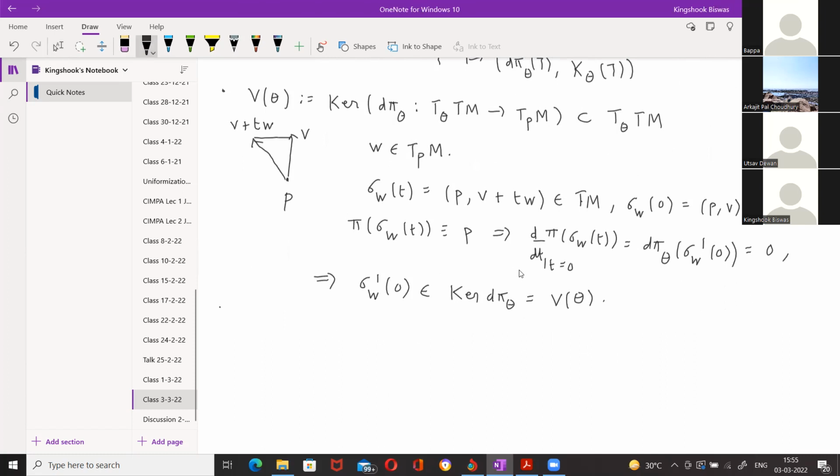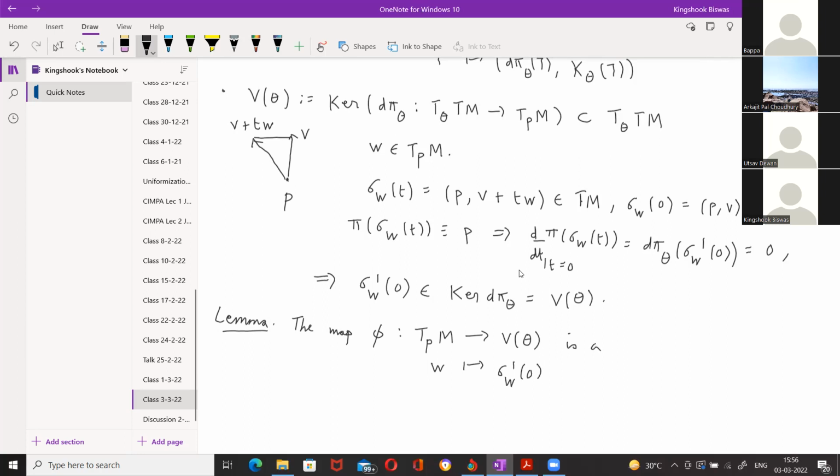Now we have the following lemma. The map phi from TpM to V theta, w maps to sigma w prime 0, is linear and an isomorphism.